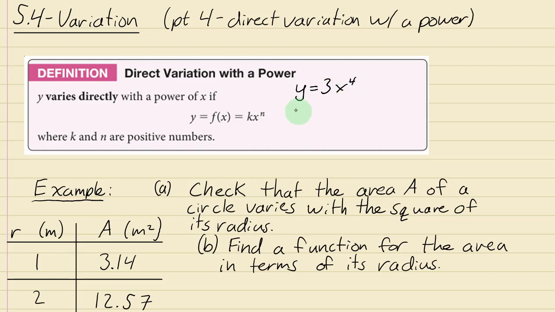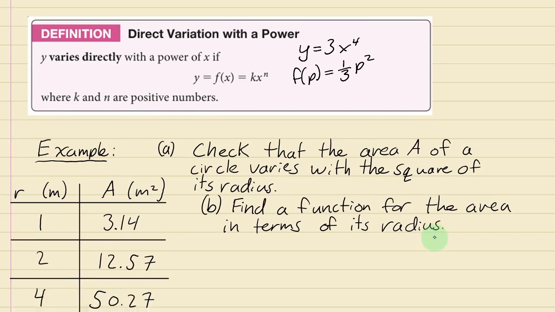Or if you can write a relationship as f of p equals 1/3 times p squared, that's direct variation with a power too. So if you can get an equation that looks something like that, where both the constant of variation in front and also the exponent are positive numbers, then it's direct variation with a power.